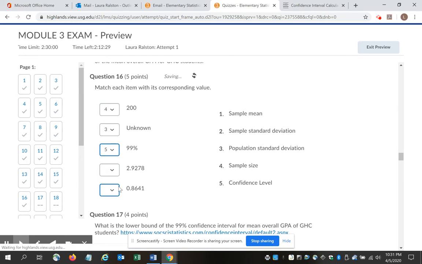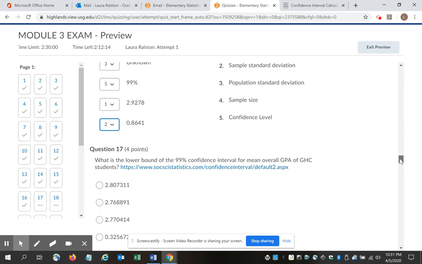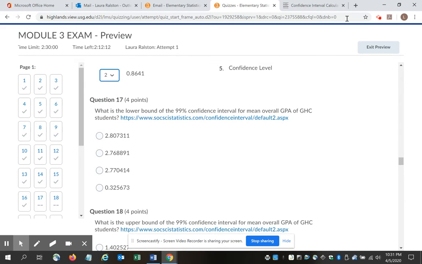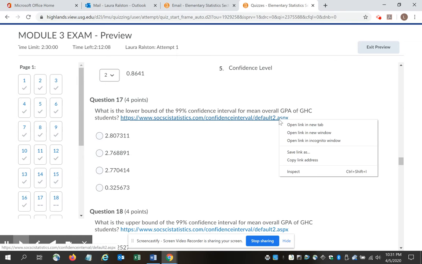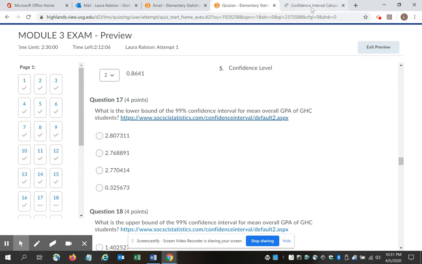Confidence level was 99%. 2.9278 was the sample mean. 0.8641 was my sample standard deviation. So then it asked me, what is the lower bound? And again, it gives you the website link. So all you had to do was click on it.